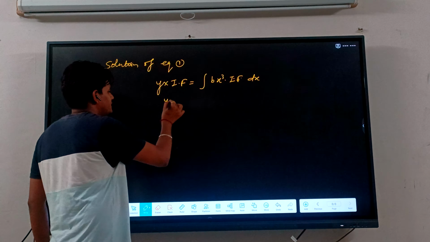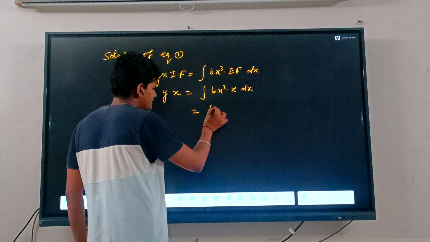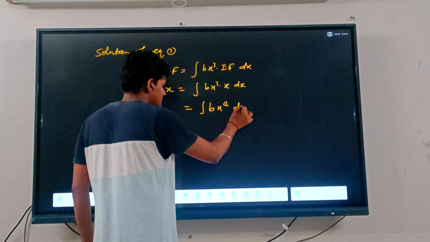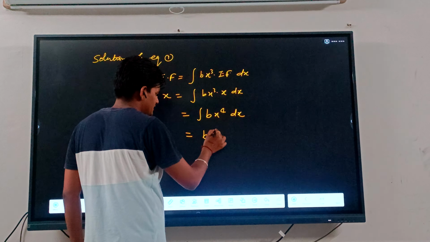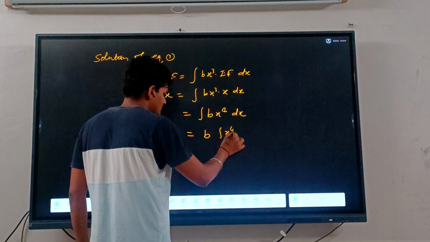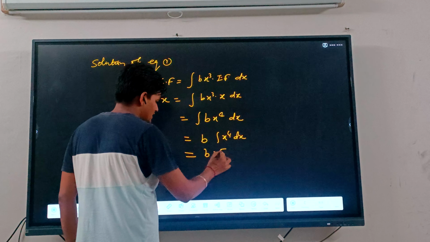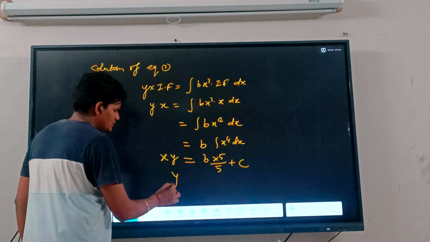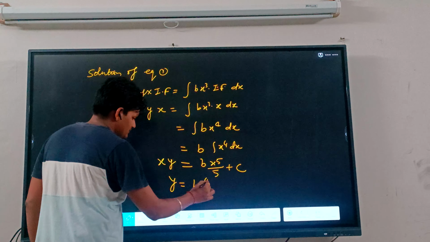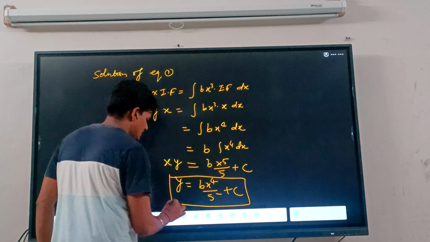Our integrating factor is x, so this is equal to the integral of bx^3 into x dx, which is the integral of bx^4 dx. Now b is a constant, so it is taken outside the integral. What remains is the integral of x^4 dx, which is x^5/5 + c. And this is xy. What is the value of y? y is equal to bx^4/5 + c/x.